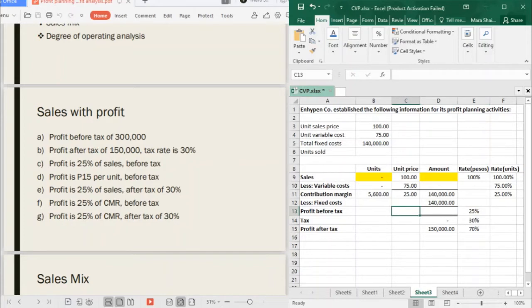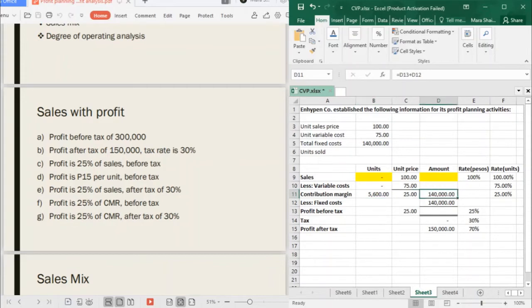So, you can make use of your unit sales price. You know that from that 100, 25% goes to your profit. So, you can compute for the unit profit margin. In this case, it is your unit sales price multiplied by your profit rate, which is 25. Now, in this example, you can see that our contribution margin and the profit margin are equal. So, meaning it is break-even.